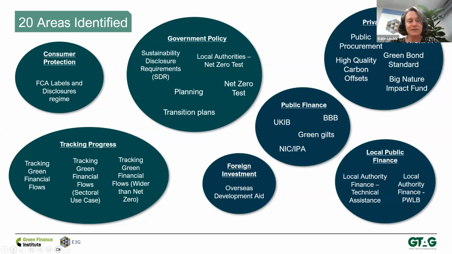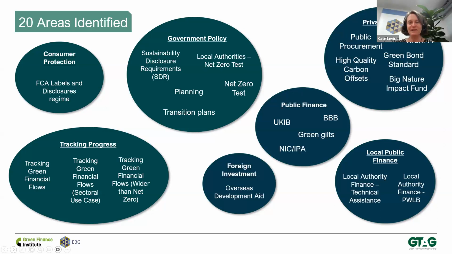So as you can see, we've got quite a bit there for government policy, different ways that we could use the taxonomy to support government policies, and that comes into quite a few different forms. So, for example, the UK will be taking forward sustainability disclosures and a broader sustainability disclosure regime. We would expect the taxonomy to play an important role in that.